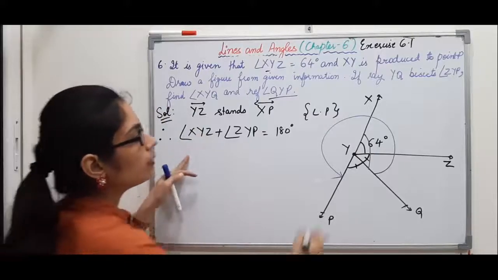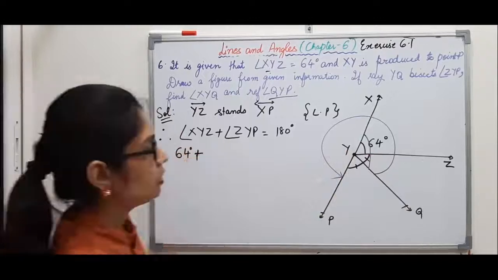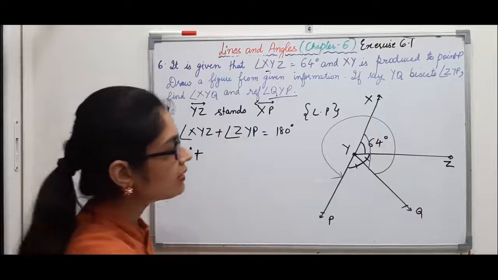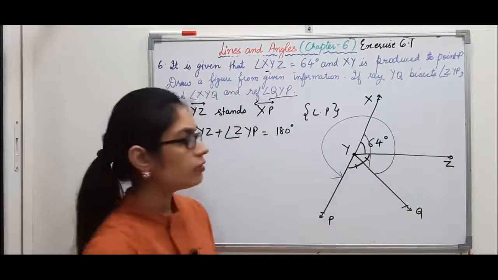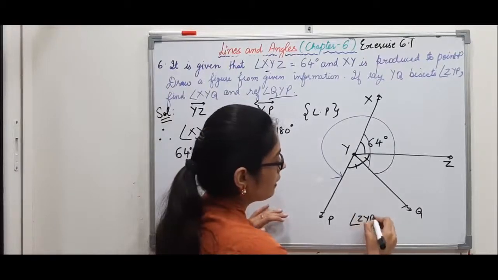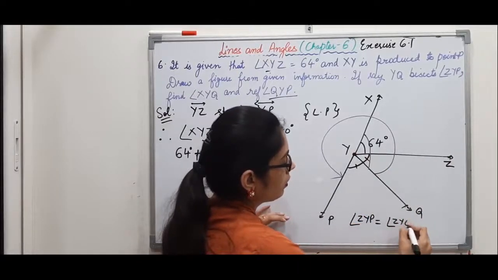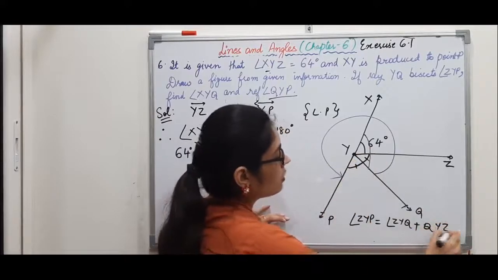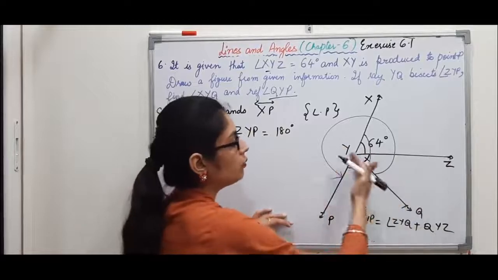Now XYZ is already given to us as 64 degrees. So the other one is this angle ZYP, and if you see this angle, again it's an addition, we can say it's the addition of two angles. First one I will write ZYP, it is equal to ZYQ plus QYP. See, in all the questions we have used this thing, this complete angle is a sum of these two angles.